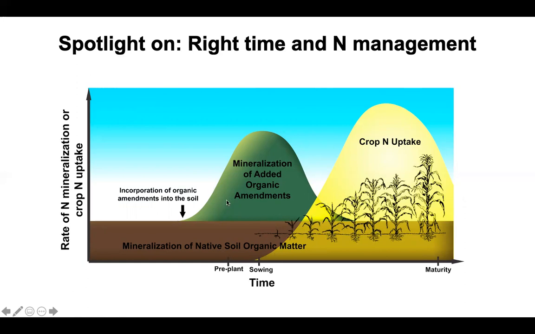And so there are lots of different strategies that we try from a nutrient management perspective to get those two curves to overlap with one another a little bit better. But it really is challenging. We call this the synchrony problem, or more specifically, asynchrony. We're trying to get these two curves of production and uptake to match up.